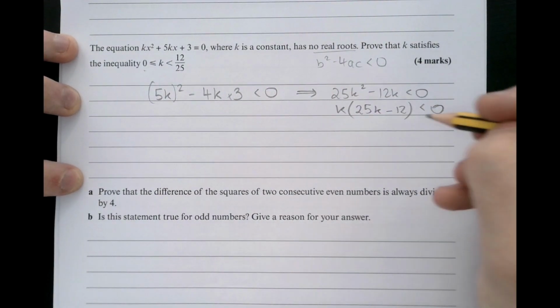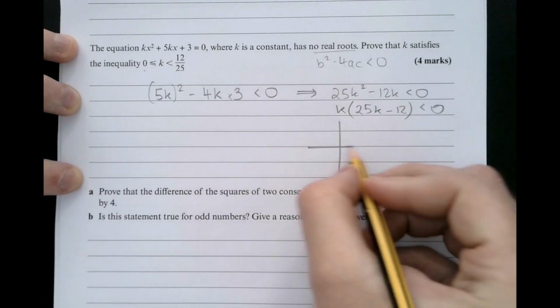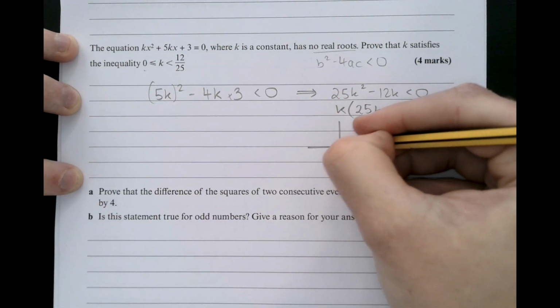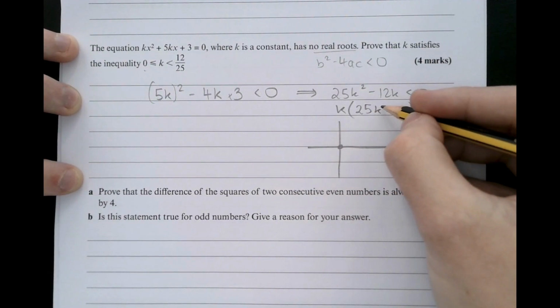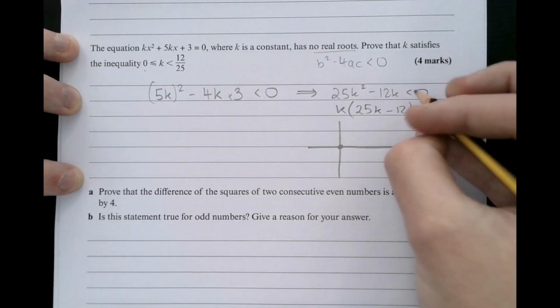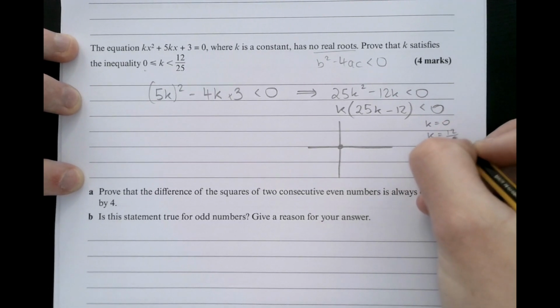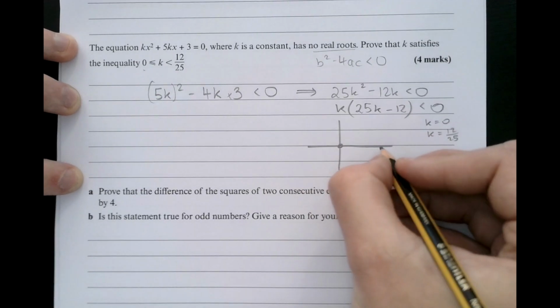So let's do a sketch, shall we? If we know that it's got to be less than 0, we're going to go through k equals 0 and 12 over 25. So that's where the two values come from. K equals 0, k equals 12 over 25. Those are going to be my roots.